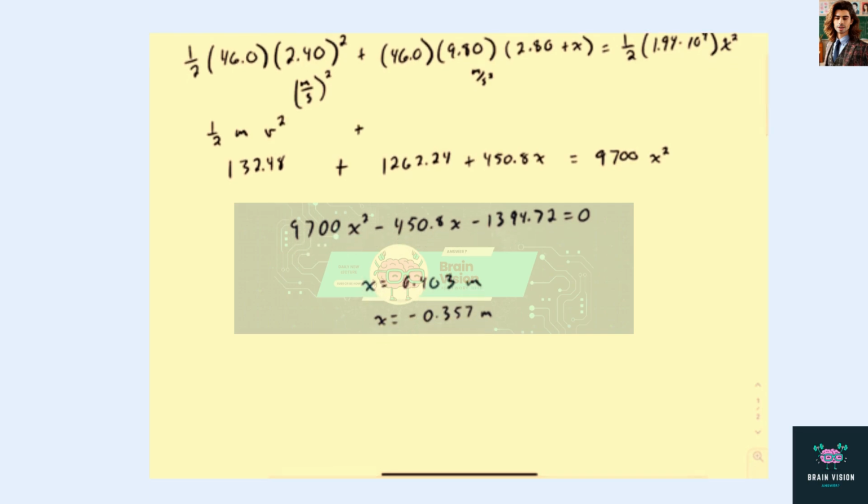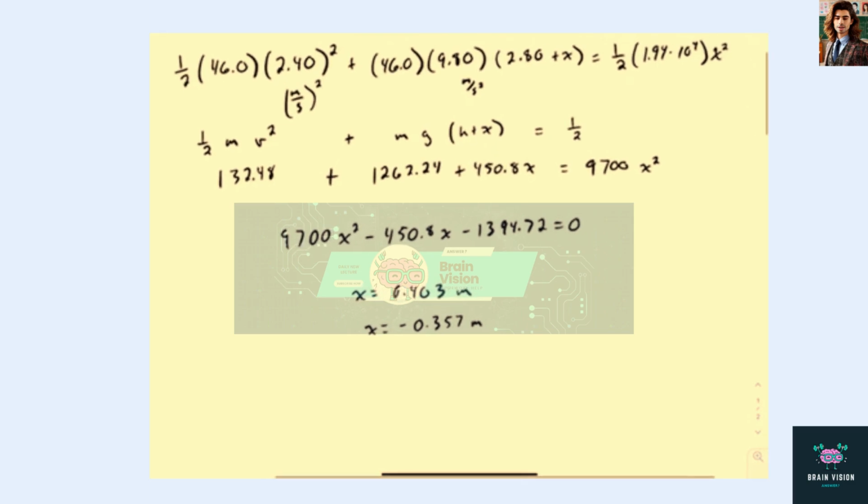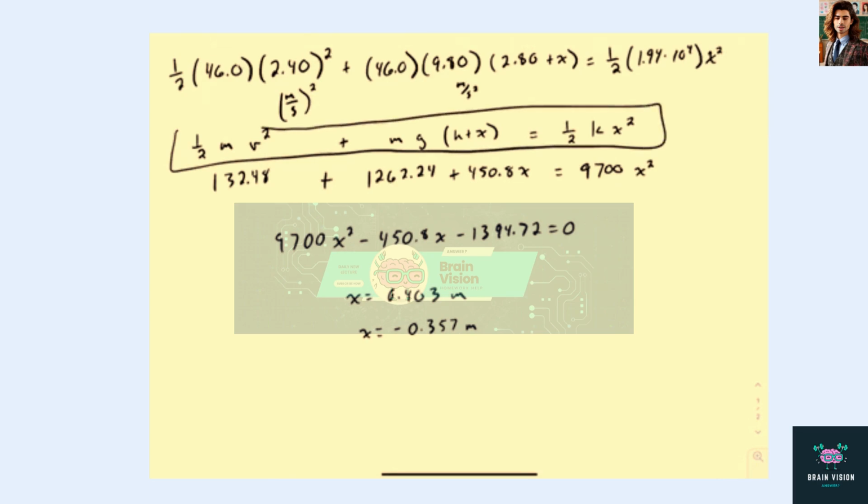And then plus, this is another mass, 9.8 is g, and 2.80 plus x is like the height, or at least height plus x, right? And then on the right side we have 1/2, and then newtons per meter is going to be, looks like a spring constant. So we'll say k x squared, and now we have something that looks like an energy equation.